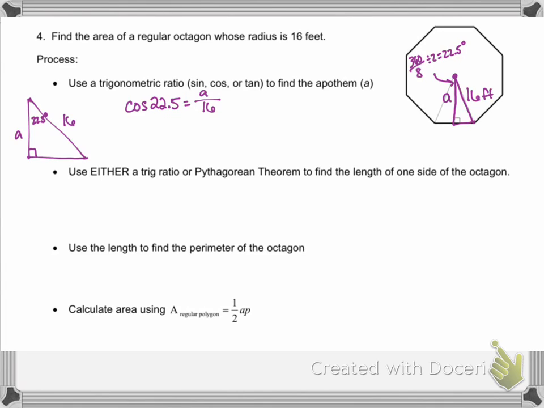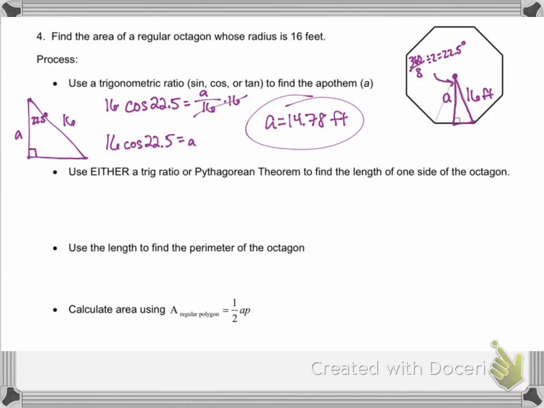Cosine 22.5 equals A over 16. We're going to go ahead, multiply each side by 16 to get the A by itself. So we'll have 16 times cosine of 22.5 equals A. And then you just got to punch that in the calculator. That will give you an apothem of 14.78 feet.